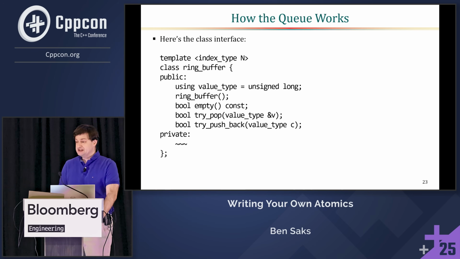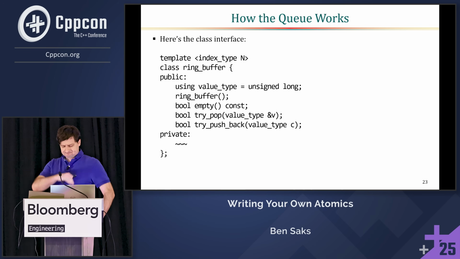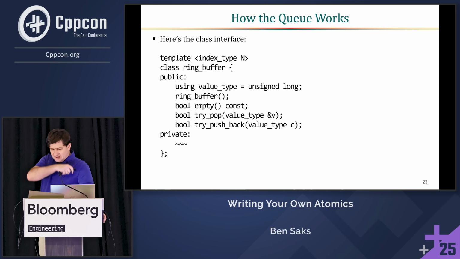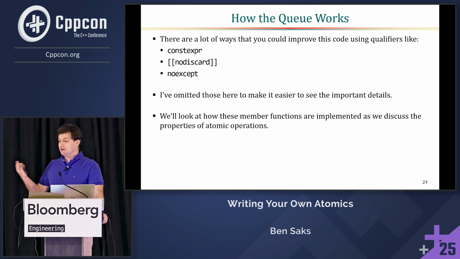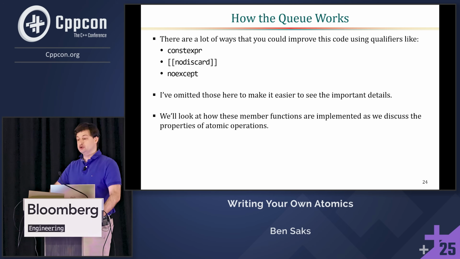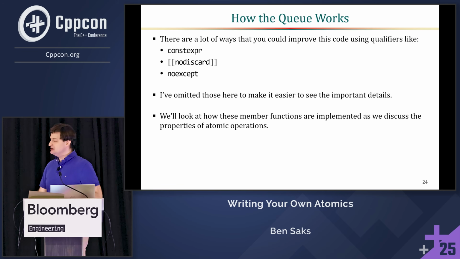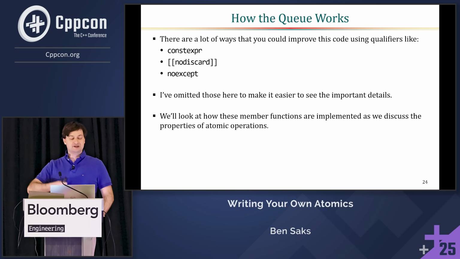Now, I've kept the interface here fairly simple, partly because what I really want to talk about is implementing the atomic indexes here. I've omitted a bunch of qualifiers that I could have used to make this interface probably better, more effective, faster, safer, like constexpr, nodiscard, noexcept in this case, because I didn't want to clutter the slides with details that weren't the things that I wanted you to be focusing on.